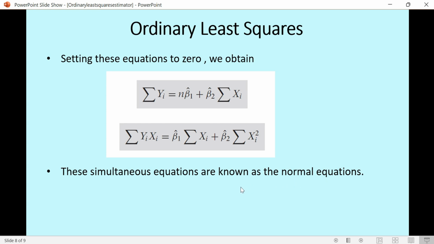Because in the two-variable linear regression, there is only one explanatory variable x in the equation, so we have two such simultaneous equations called normal equations. In a more complicated linear regression with more than one explanatory variable in the equation, there are more than two simultaneous equations called normal equations, right?